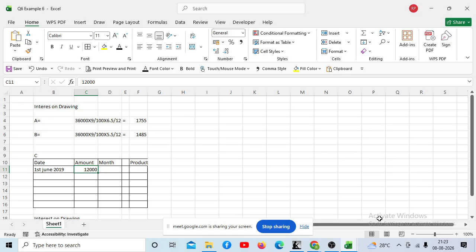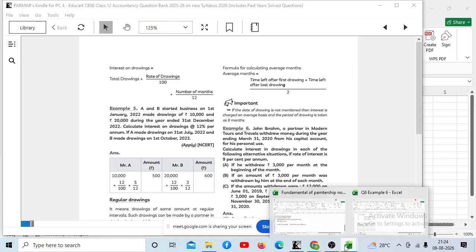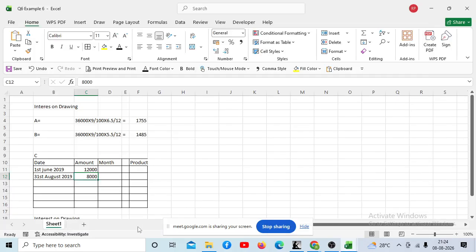So we will write again 31st August and the amount is 8,000. Written till here. Now we will see the next one, that is 3,000 on September 30. So I will write here 30th September, 3,000.